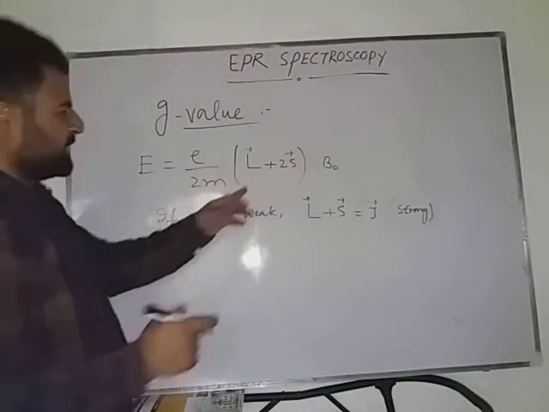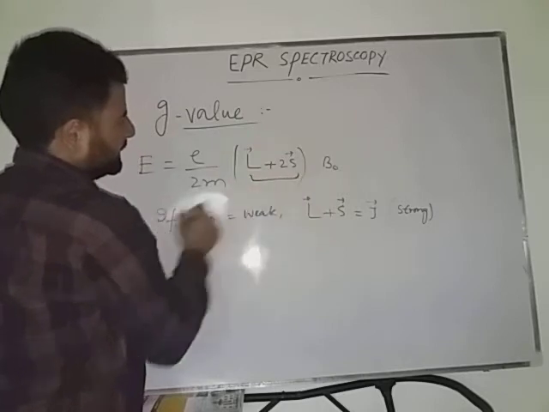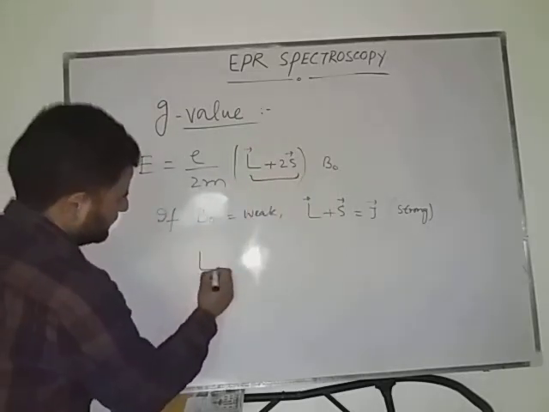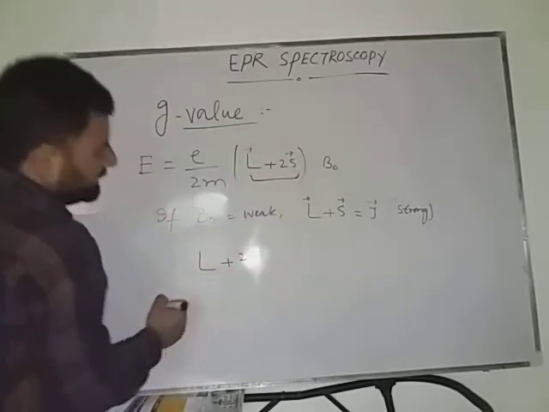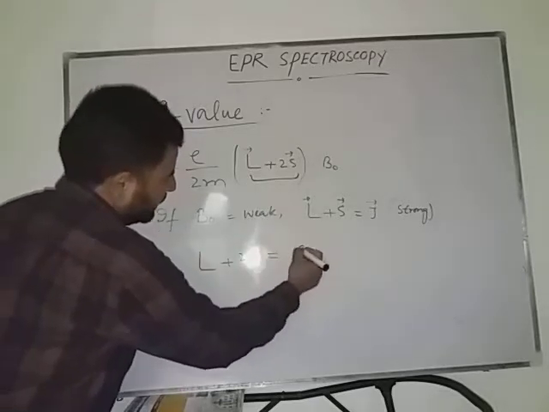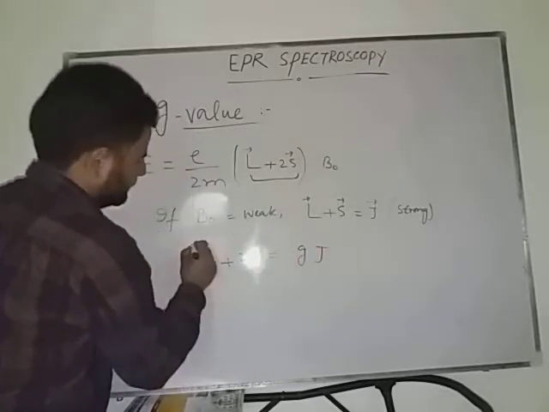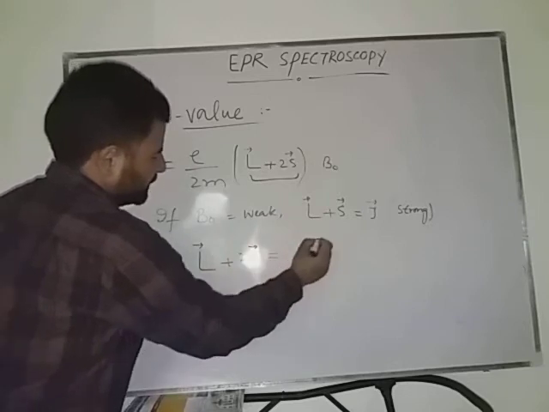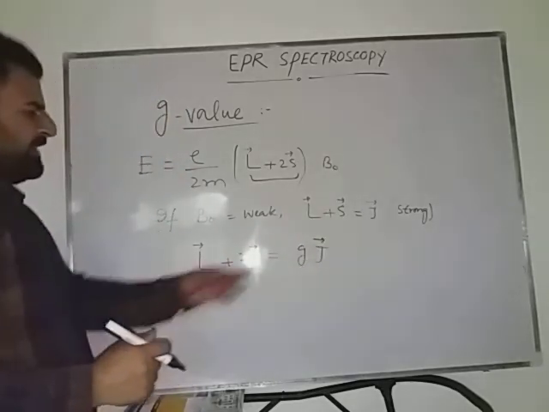So under such conditions, this value L plus 2S can be written as equal to G J.